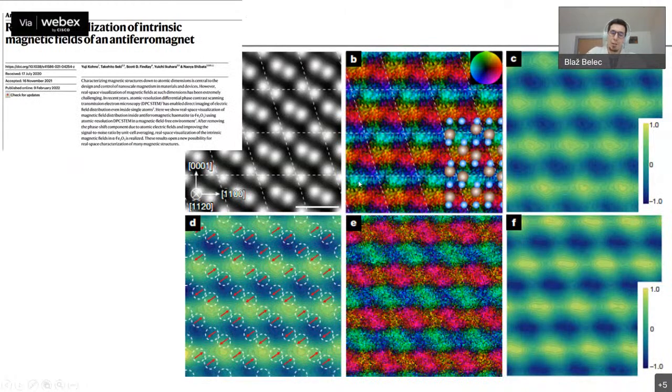So visualization of the magnetic fields can be done with a magnet or any other tool. For instance, we can also use XRD, so pole figures, to see how a magnet is orientated.